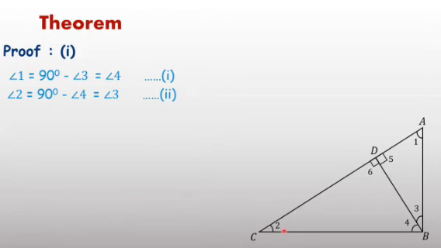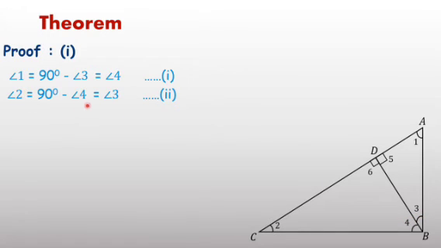Similarly, in triangle CDB, this angle 6 is equal to 90 degrees. Therefore, 2 plus 4 equal to 90. It implies angle 2 we can write as 90 minus angle 4. Angle 2 equal to 90 minus 4, and 3 plus 4 equal to 90 degrees. It implies angle 4 equal to 90 minus 3, or 3 equal to 90 minus 4.